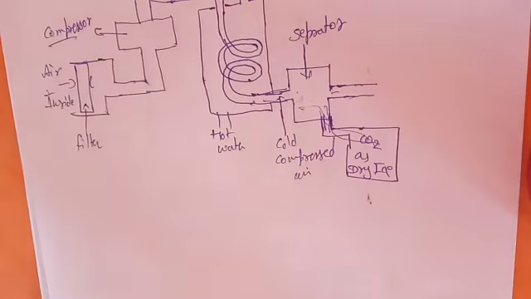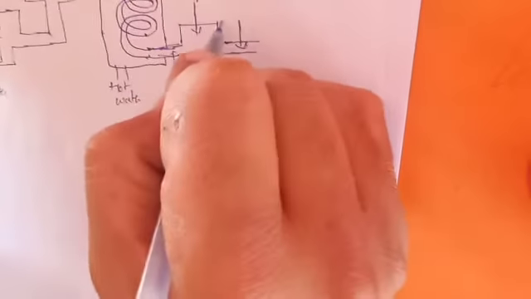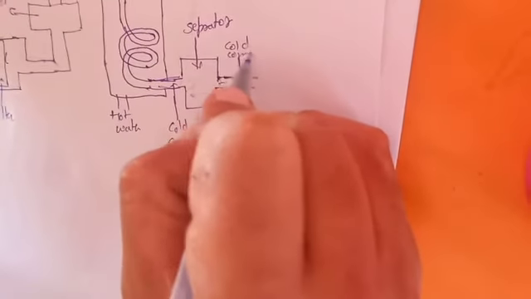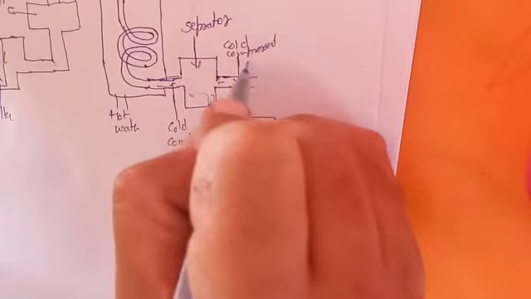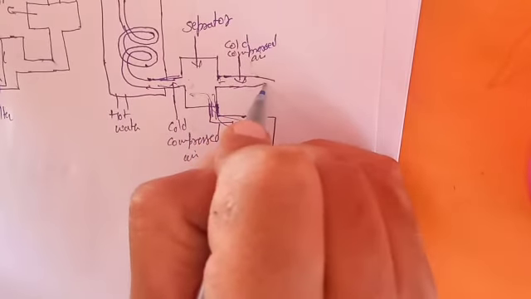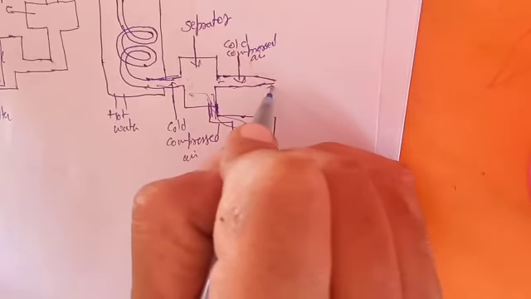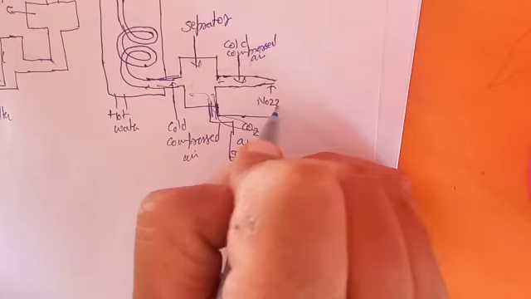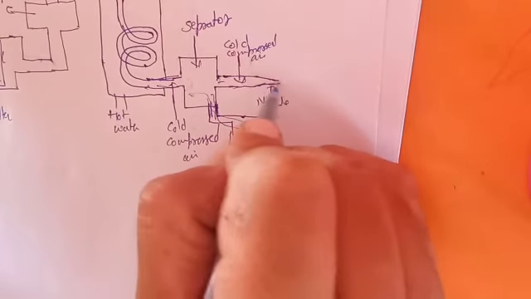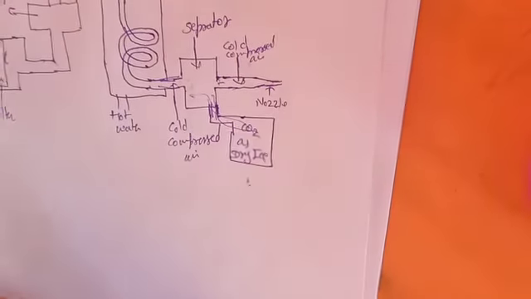Now we have compressed air, and further we will put a nozzle here, pointing down. Why a nozzle? It makes the pipe finer and finer.